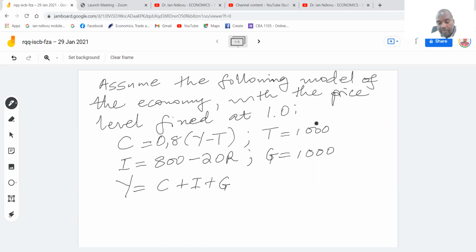Remember, the ISLM models are closed economy models.